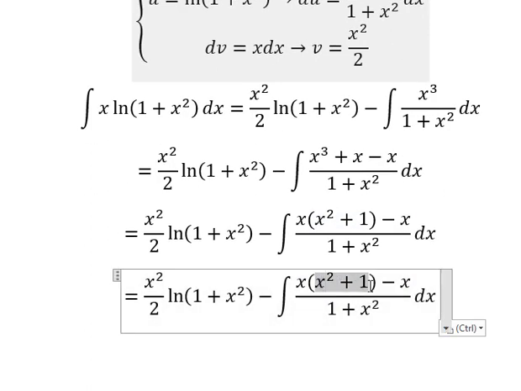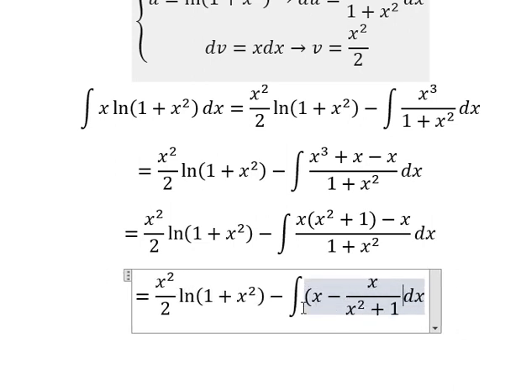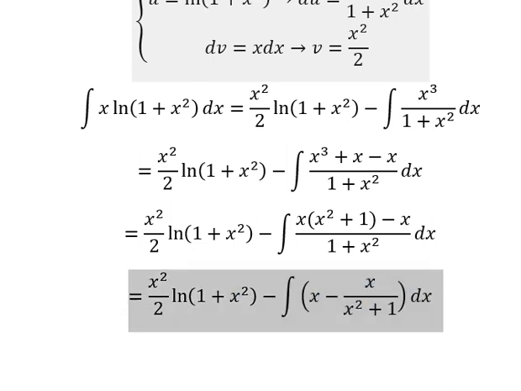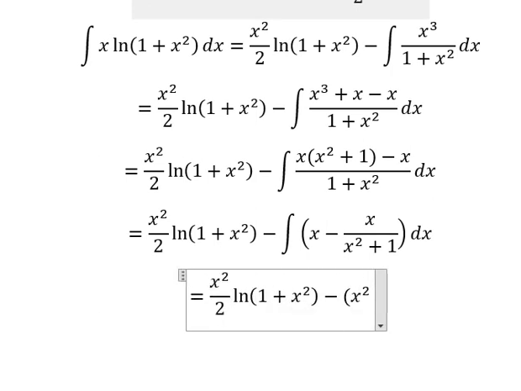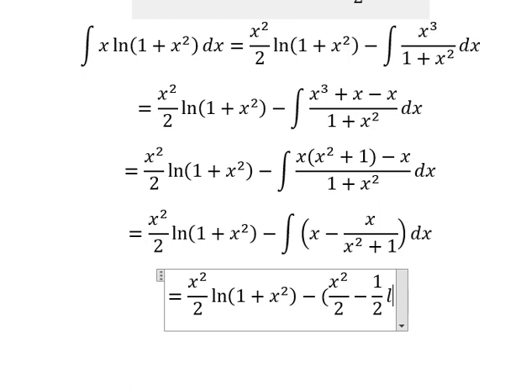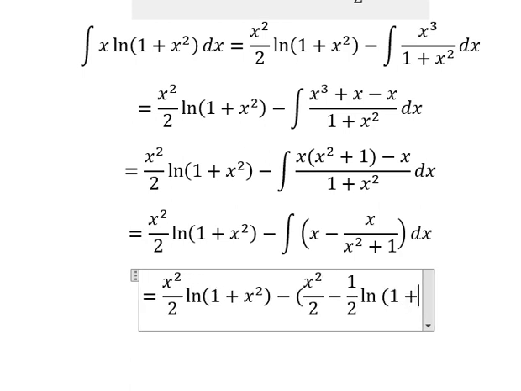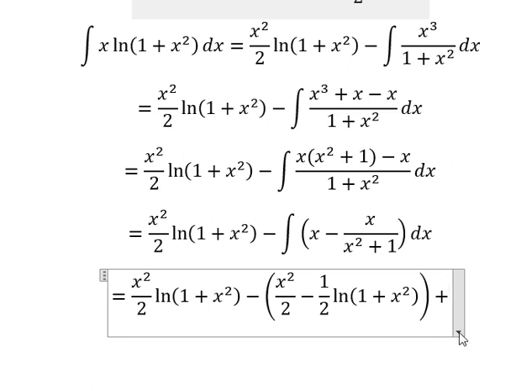So this one divided by this one, we have 1. So the integration of s is s squared over 2. The integration of this one is 1 over 2 ln of 1 plus s squared, and I will put c.